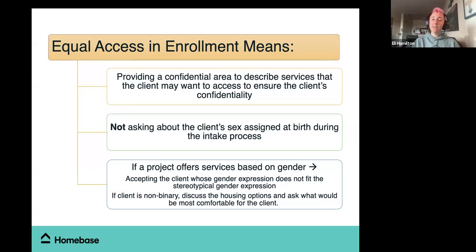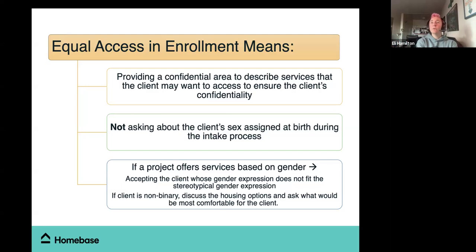But specifically, if someone has disclosed to you part of their identity and you can offer services around that and you want to see if they're interested, do find a private or confidential space to do that. Unless they're bringing it up in a public space and they're totally cool with it, you don't ever want to assume someone's feeling of safety or comfort talking about their identity.